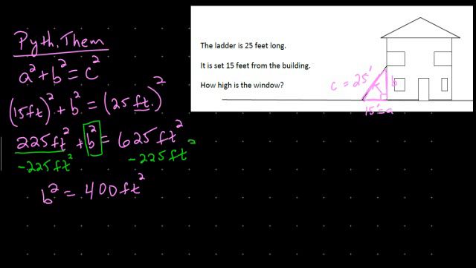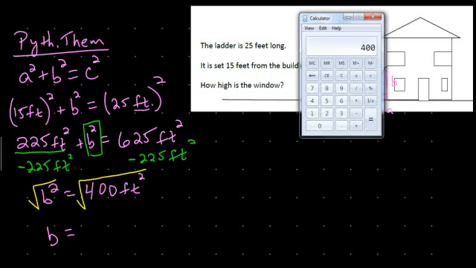So if I want to take the square root of this side, I have to take the square root of that side. So the square root of B squared is B, and we're going to get the square root of 400.